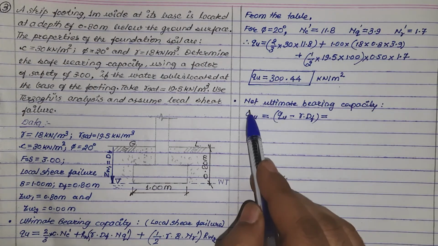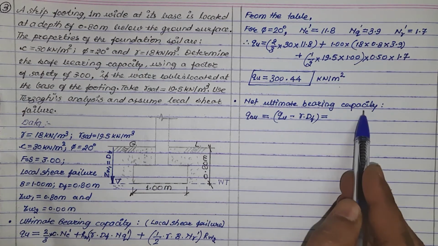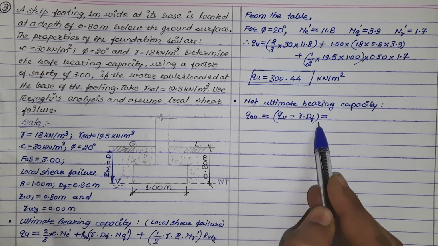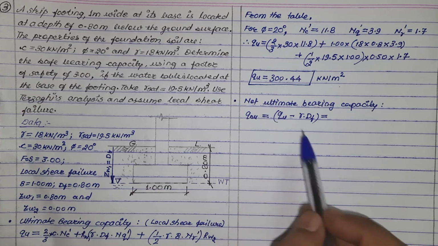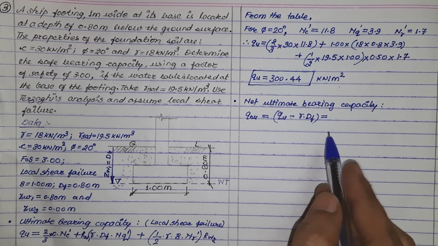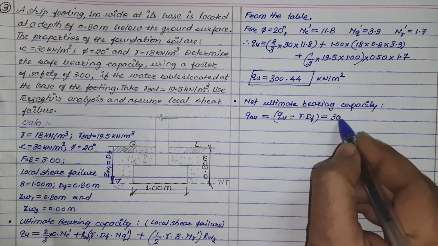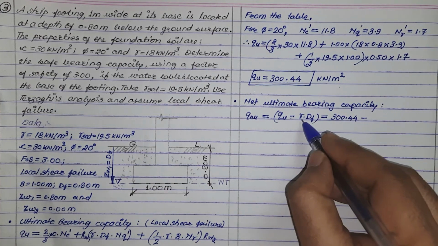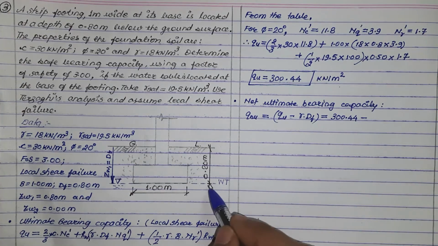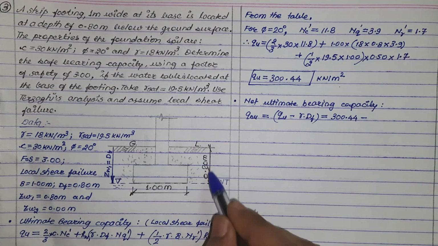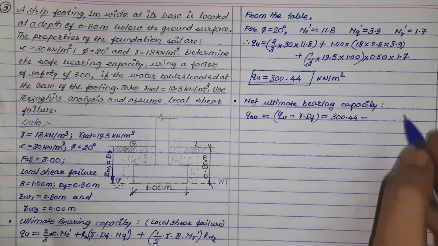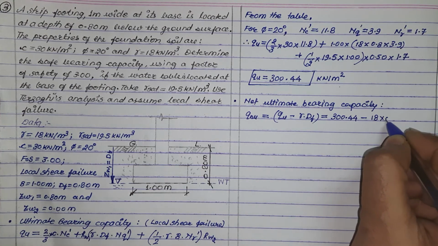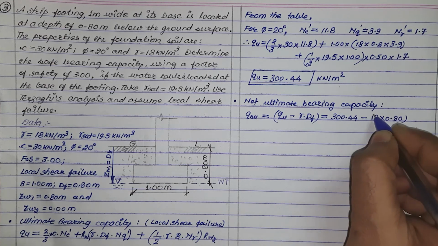The next step is to find out net ultimate bearing capacity. Qnu equals Qu minus gamma DF. Qu is ultimate bearing capacity, gamma DF is surcharge. Hence, this is written as 300.44 minus value of gamma, which will be connected to this height. Hence it is written as 18 multiplied by 0.80.